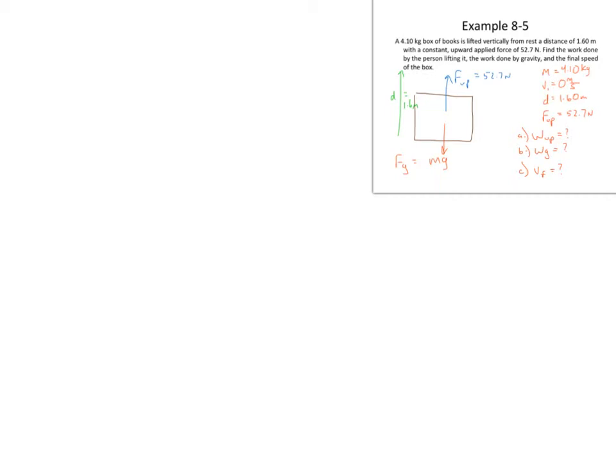Let's go ahead and solve for part A. We want to know the work done upwards by the person. What's our definition of work? Work upwards equals force upwards times the distance times the cosine of the angle phi between them.